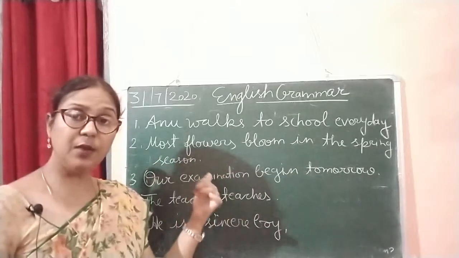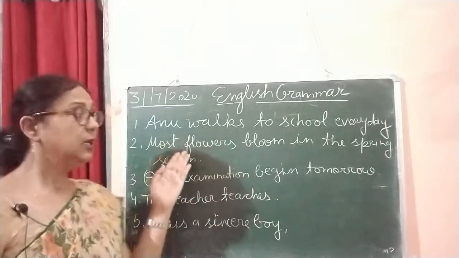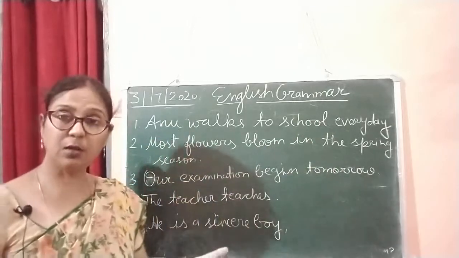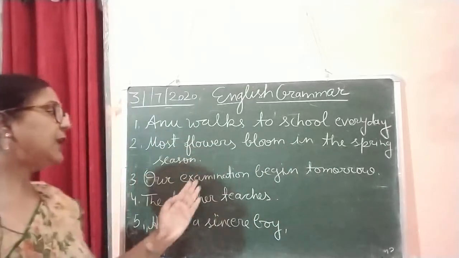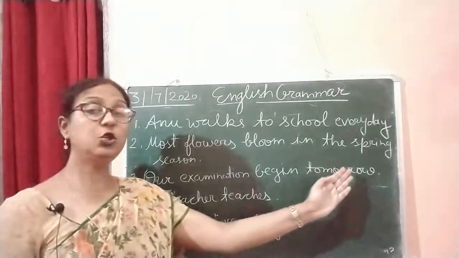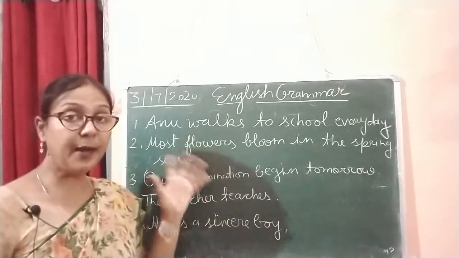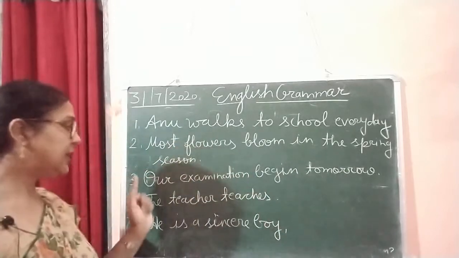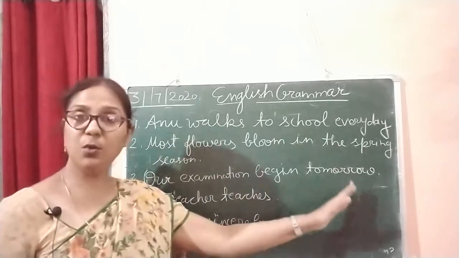This is a universal truth, so we are talking in the present tense. Now, our examination begins tomorrow. This is a future, but it is already arranged, so it is in the present tense. That is why we have used, our examination begins tomorrow.